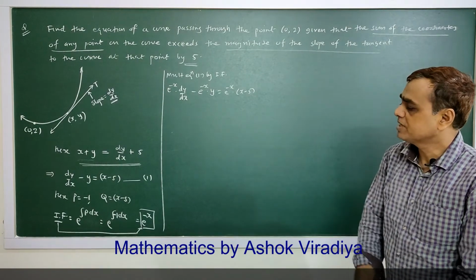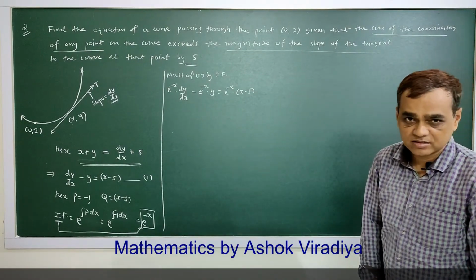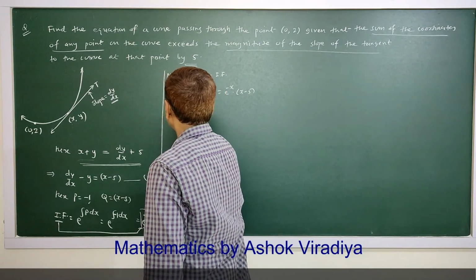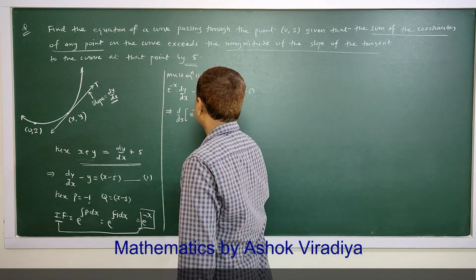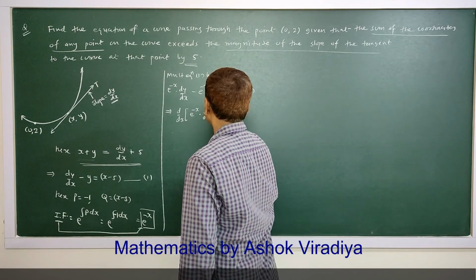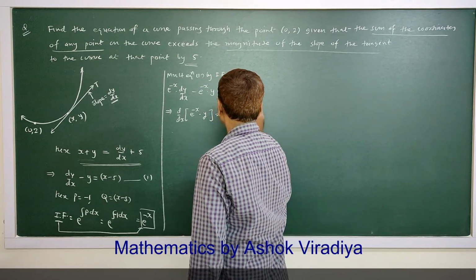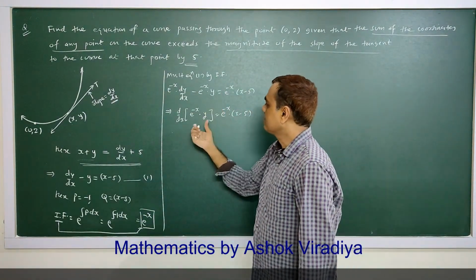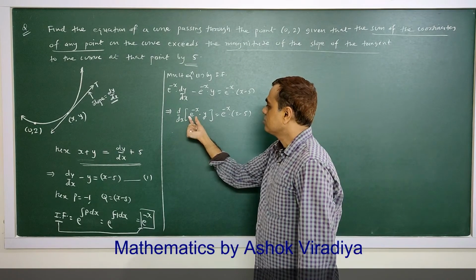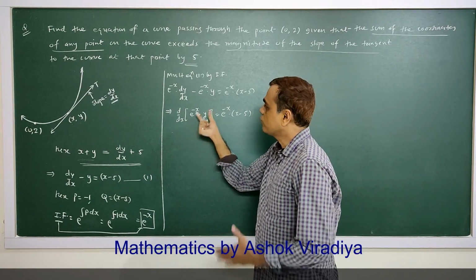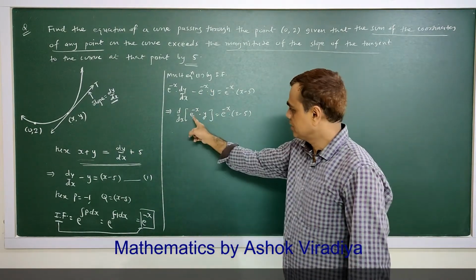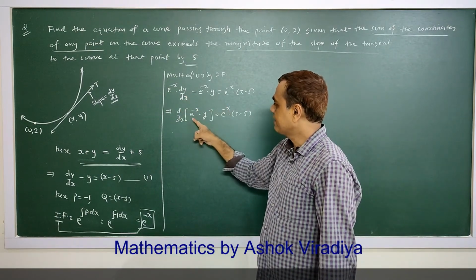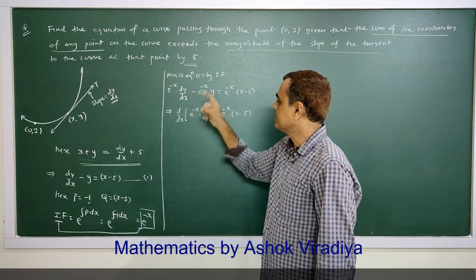So equation 1 is multiplied by integrating factor. So this left hand side is d by dx of integrating factor into y. This is always true. After multiplying equation 1 by integrating factor, LHS will be nothing but derivative of integrating factor into y, and you can verify it. So u as it is, derivative of y, plus y as it is, and derivative of e raised to minus x is minus e raised to minus x.